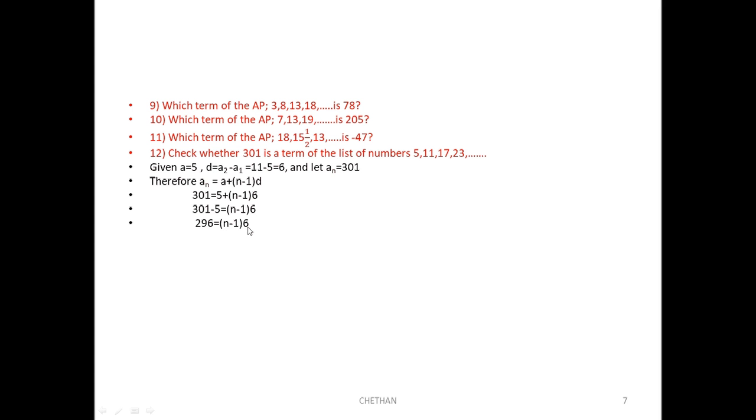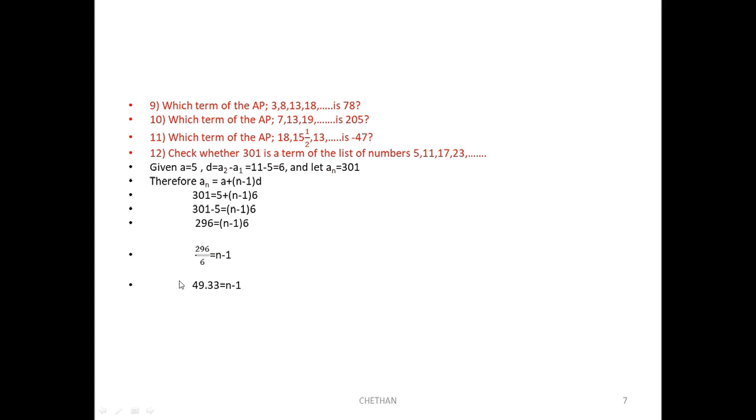Next, in the step, taking 6 from the right side to the left side, 296 divided by 6 is the value. We have to divide like this. If we divide 296 by 6, we will get this decimal value. That means 296 is not perfectly divisible by 6. We are getting a decimal here.